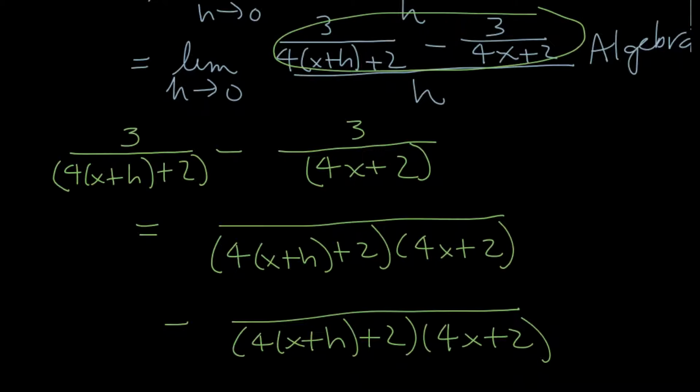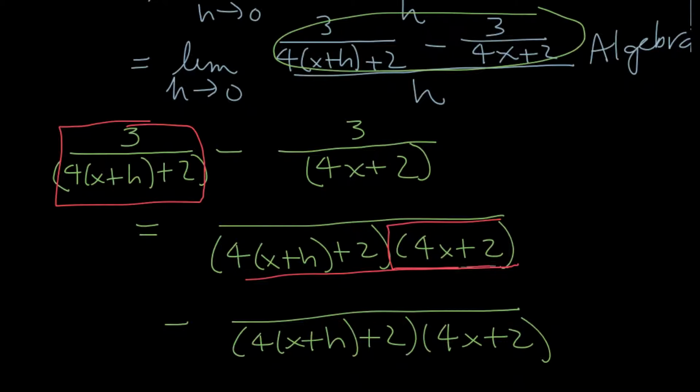Now, how do you find a fraction that's equivalent to this one with this denominator? Well, we have multiplied the denominator by 4x plus 2, so to have an equivalent expression, we have to multiply the numerator times 4x plus 2. And in fact, if you canceled the 4x plus 2 in each case, you'd get the original fraction.